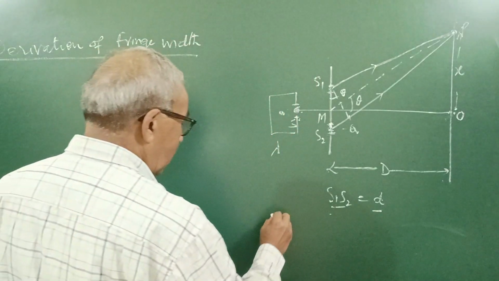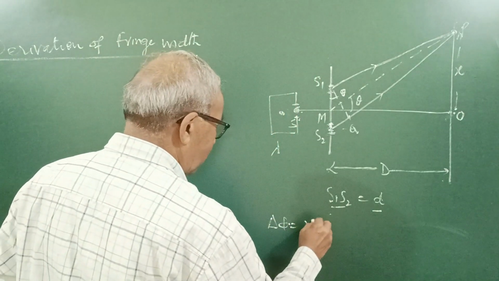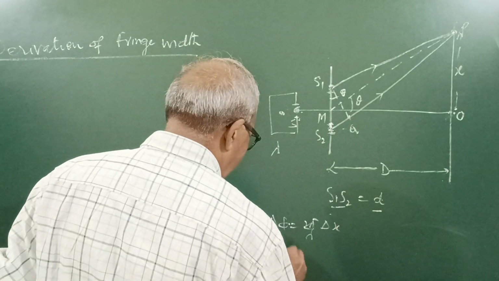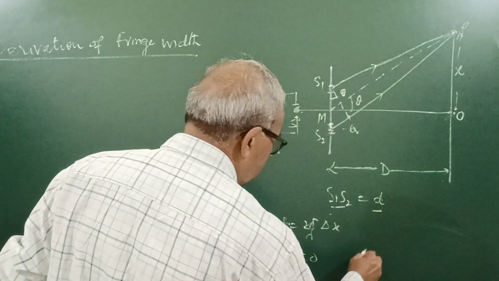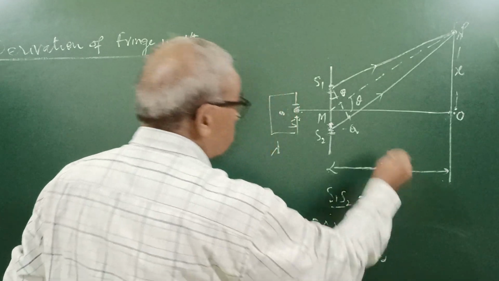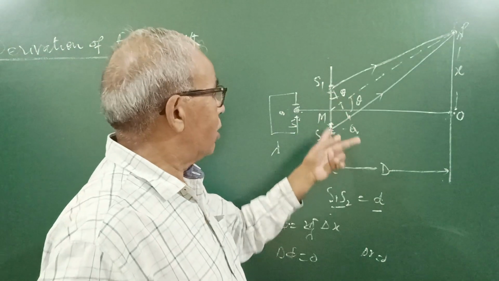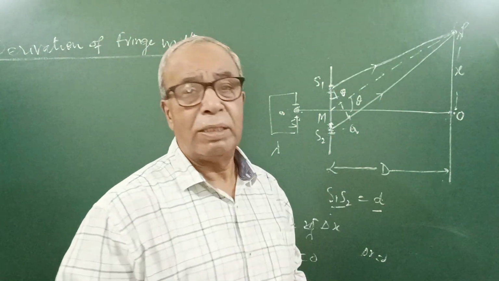The phase difference delta phi equals 2 pi upon lambda into delta x. Delta phi becomes 0. Why? Because delta x is 0. So waves from sources S1 and S2 meet in the same phase.